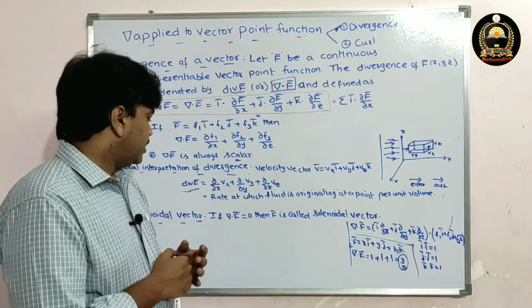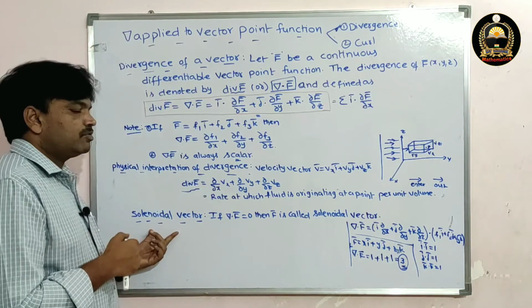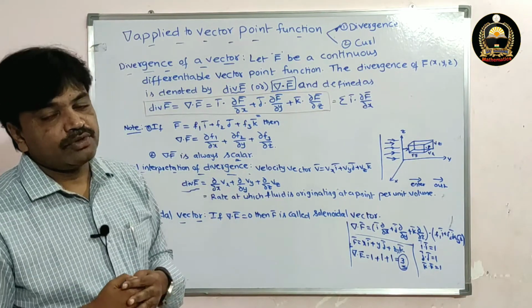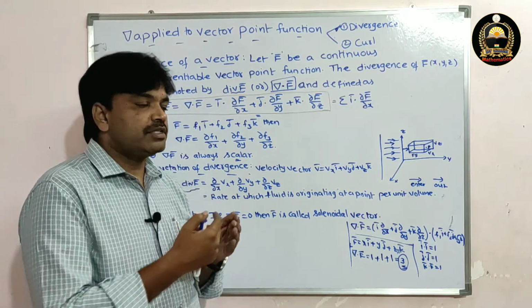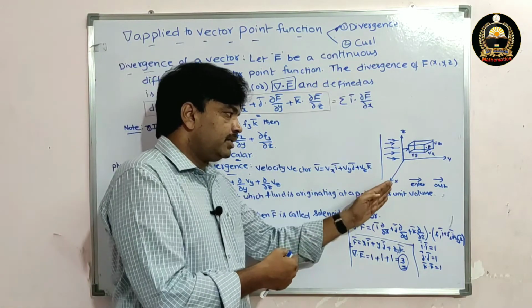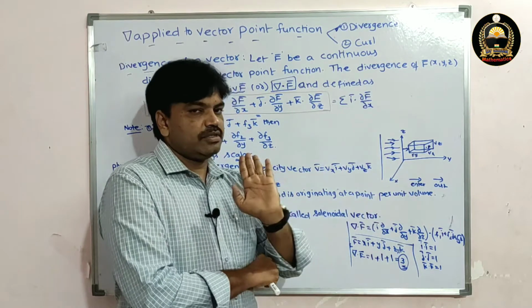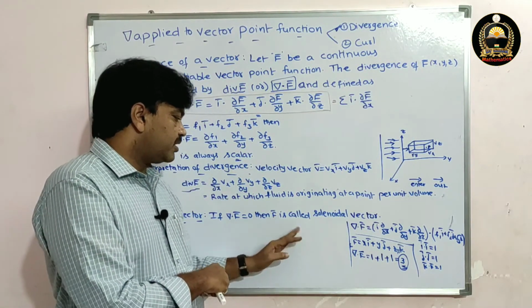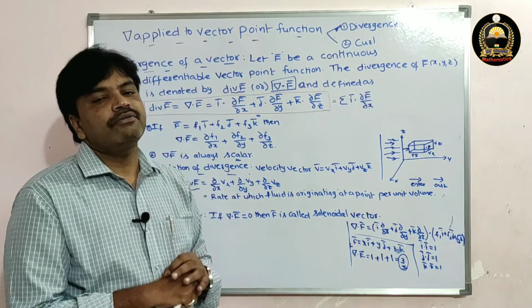And then the solenoidal vector. What is a solenoidal vector? Del dot f bar is equal to 0. What is the physical meaning? The amount of fluid that enters, the same amount goes out. In such cases f bar is called a solenoidal vector.